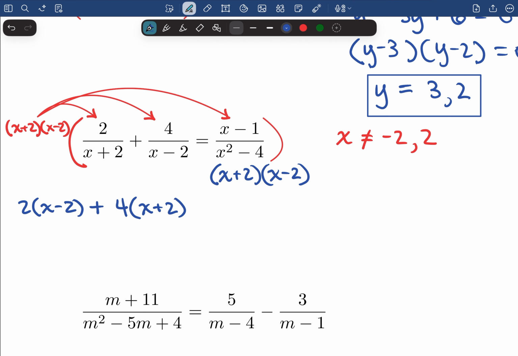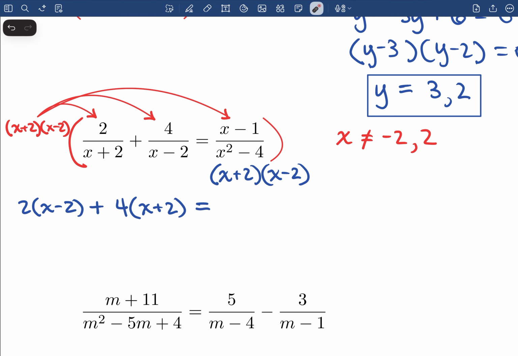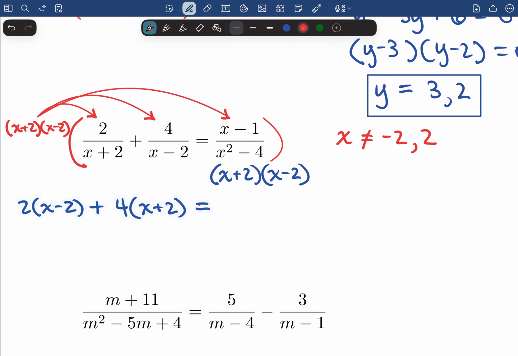Great. Now I have the equal sign, and I have the denominators of x plus 2 and x minus 2. Well, those two factors will cancel the factors that I'm multiplying in. I'll show you. This x plus 2 cancels that x plus 2, and this x minus 2 cancels that x minus 2. Okay?